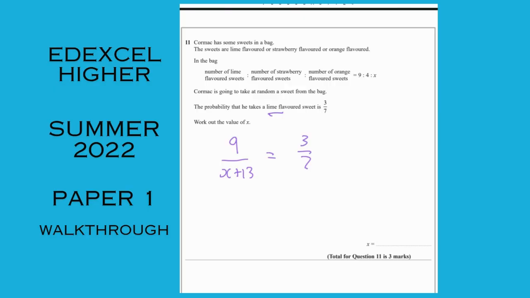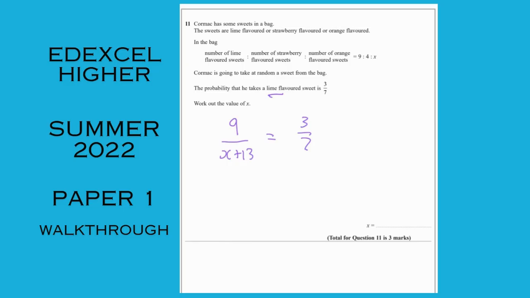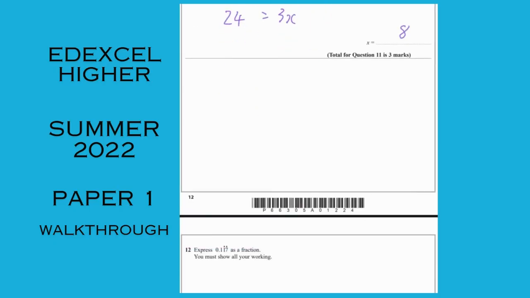That's why it's wordy, but it's only worth 3 marks, because you've got an equation. Let's times both sides by 7, and both sides by x plus 13. Subtract 39 from both sides, and we get what sounds like a reasonable answer, so we can be very confident that 8 is correct.